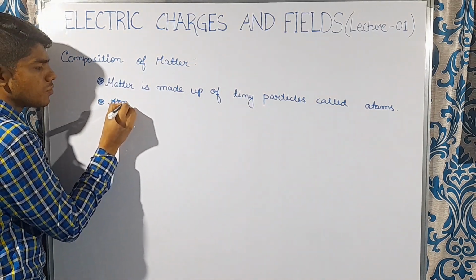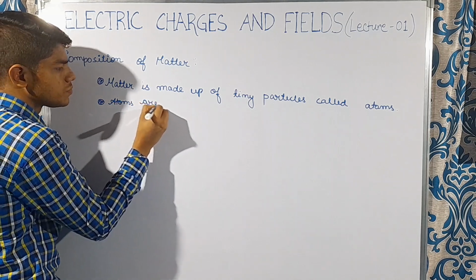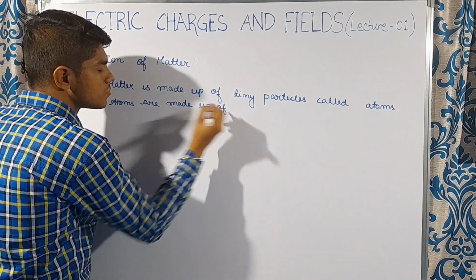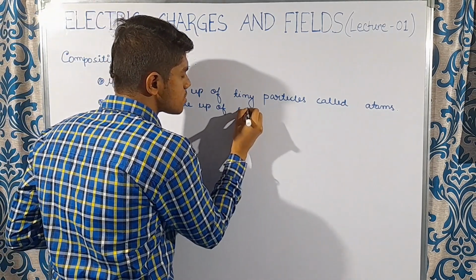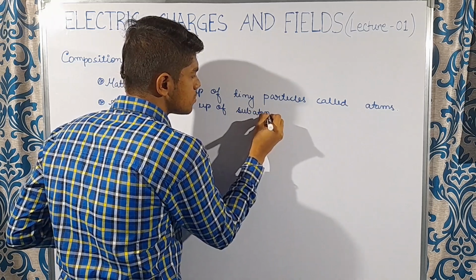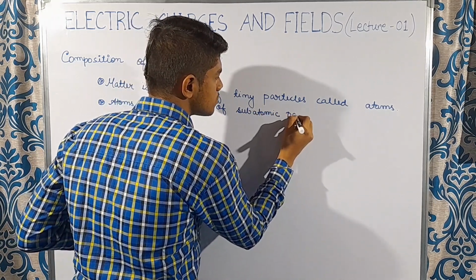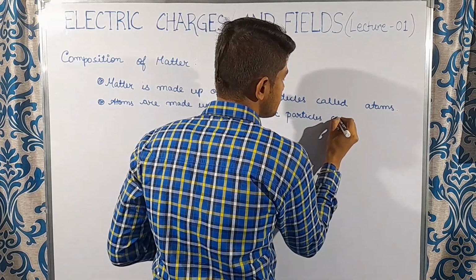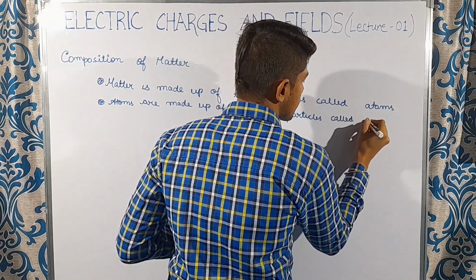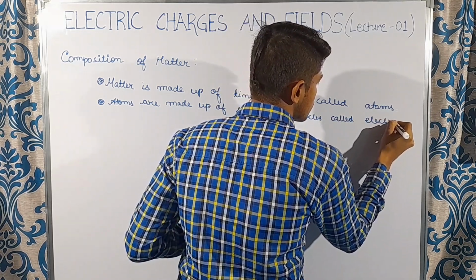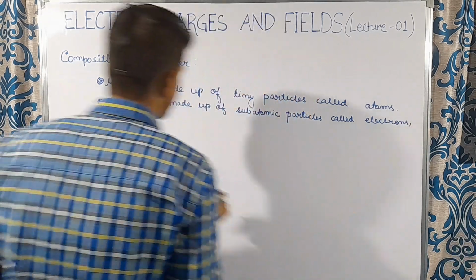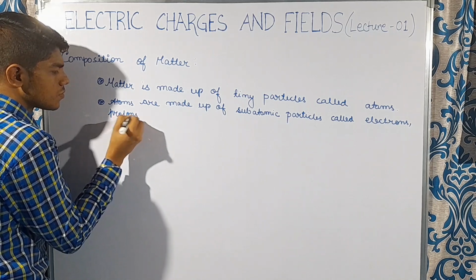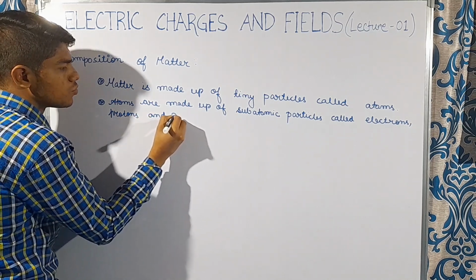Atoms are made up of subatomic particles called electrons, protons and neutrons.